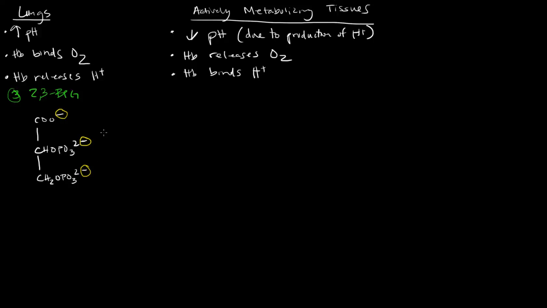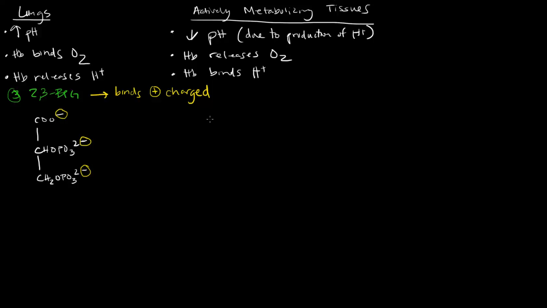The reason why is because 2,3-BPG binds or interacts with positively charged things, right? What have we been talking about that can be positively charged in hemoglobin? Well, amino acids, basic amino acids. We mentioned histidine being a side chain in these heme groups, right?